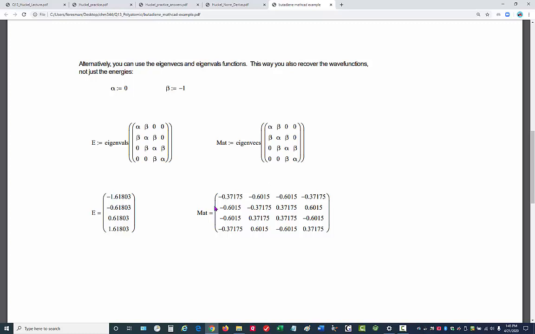Here we've got the second MO. You notice the node is in the middle, the change in sign is in the middle. That goes with the second number listed here. So when you use eigenvals and eigenvecs, the first number listed here goes with the first column, and the second number listed here goes with the second column.